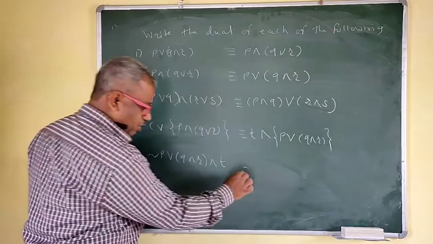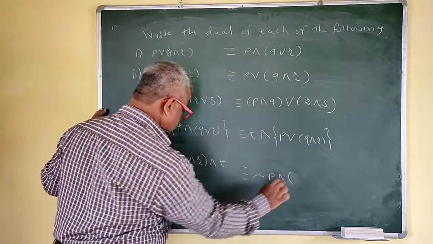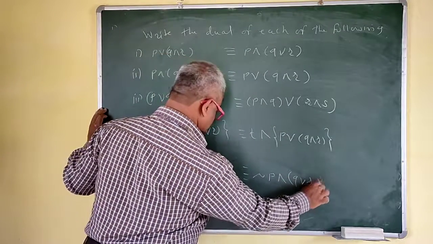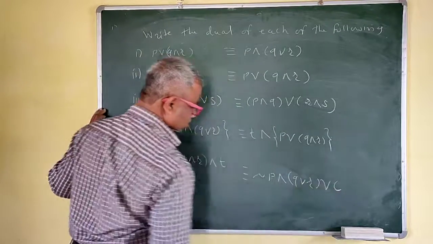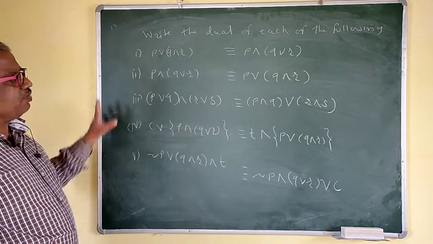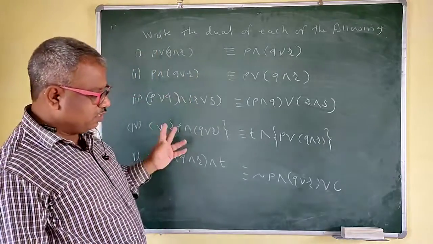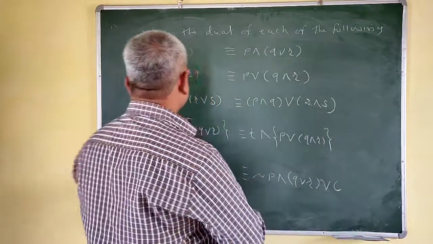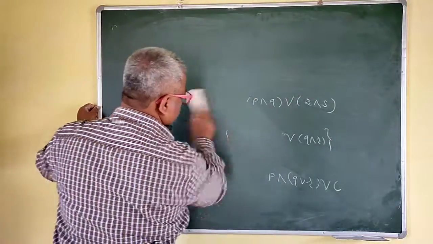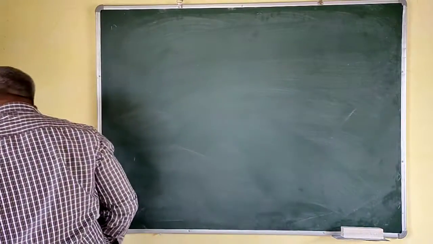Now this is a negation. You have to write negation, all those things as they are. Only you have to replace like this. Your T is replaced by C. I hope that you can do any problems on this, right? This is very simple.